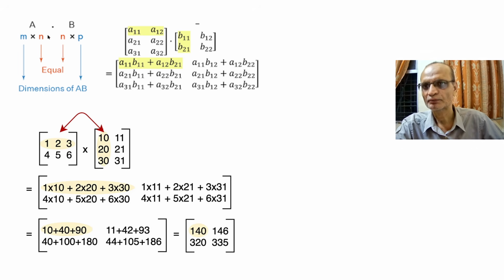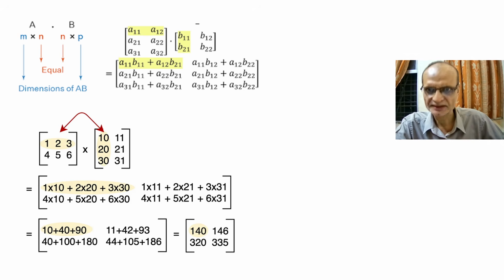The important point to notice is rows into columns. The columns of the first and the rows of the second should be equal, and only then can you carry out matrix multiplication. That's the prerequisite, and we have seen it even during our college days.